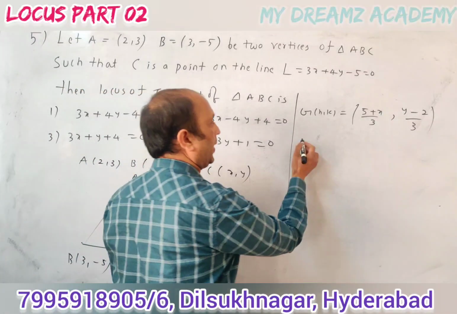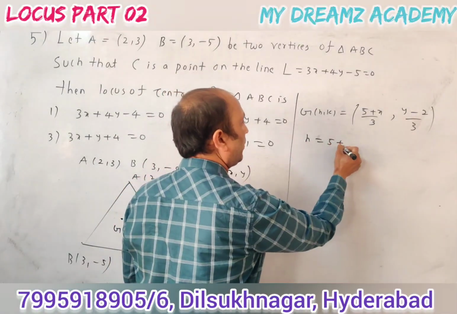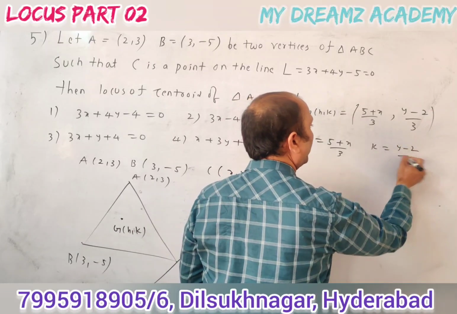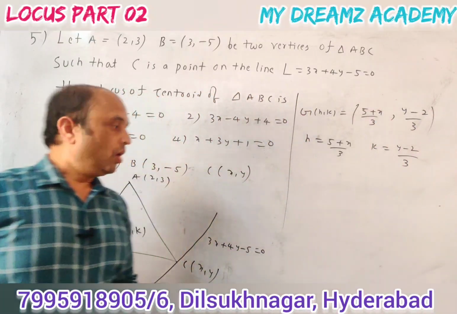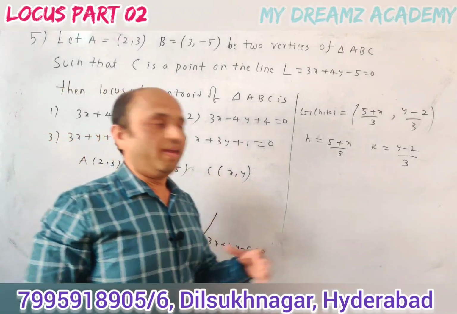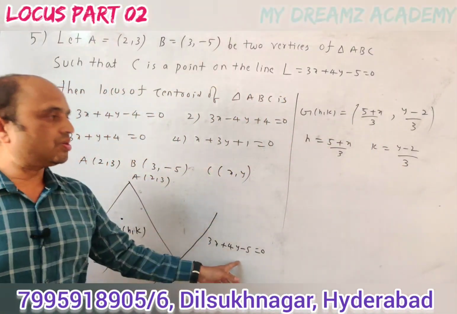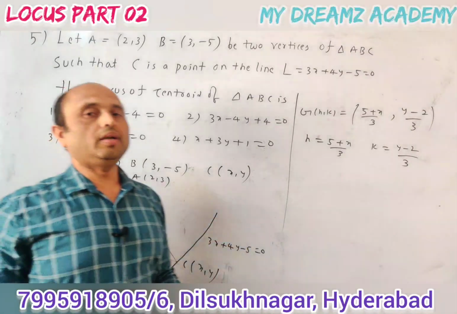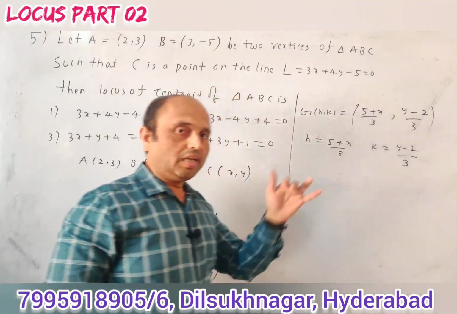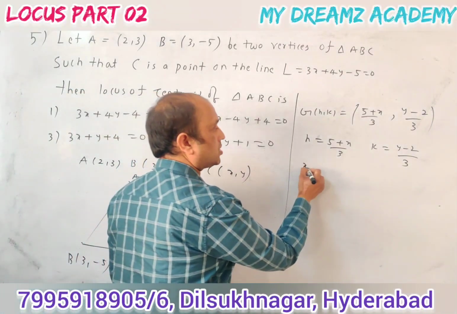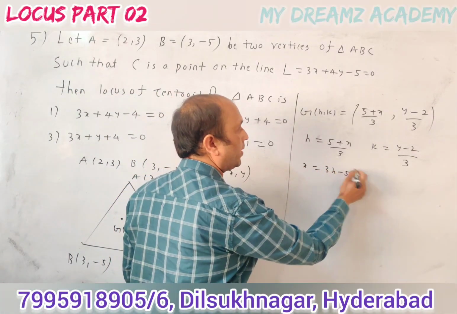Now equate h is equal to 5 plus x by 3, k is equal to y minus 2 by 3. Now find the equation in terms of x comma y and substitute those x comma y values in the given equation. We will get the equation in terms of h comma k. That is our required equation of locus. Now here x is equal to 3h minus 5.